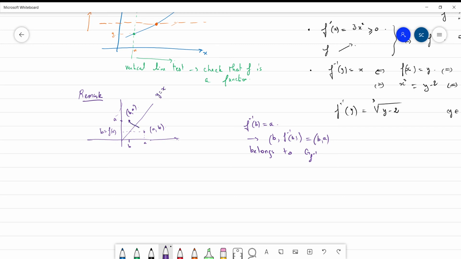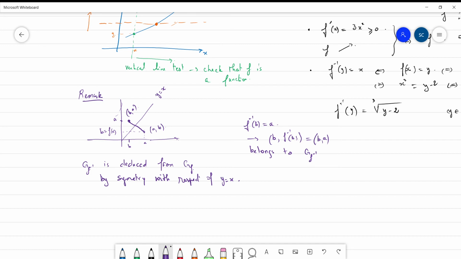So a way to deduce the graph of f minus 1: the graph of f minus 1 is deduced from the graph of f by symmetry with respect to the line y equals x.